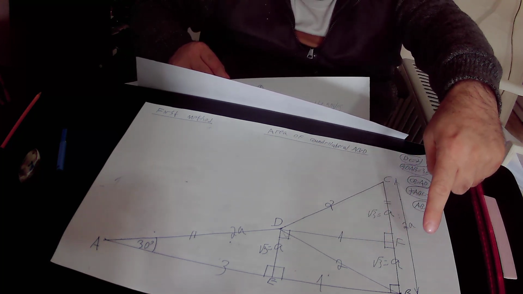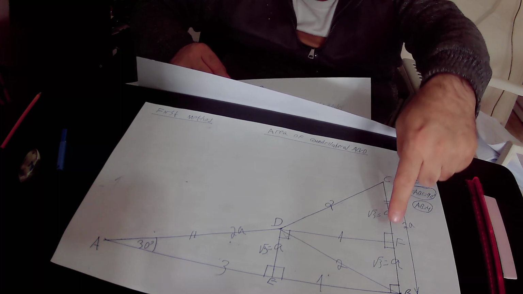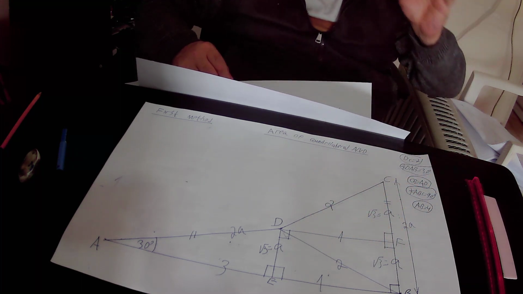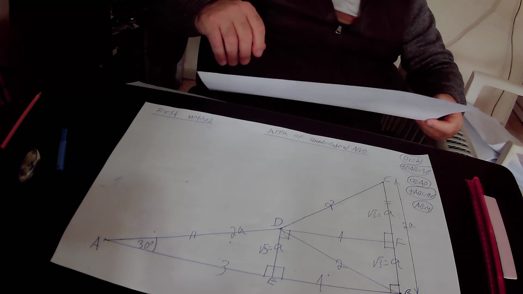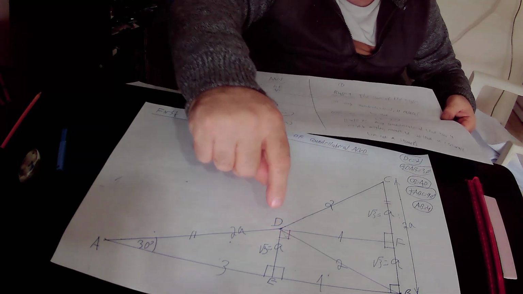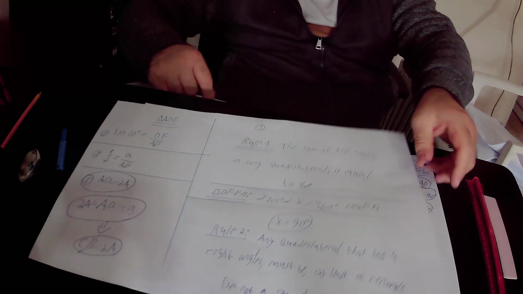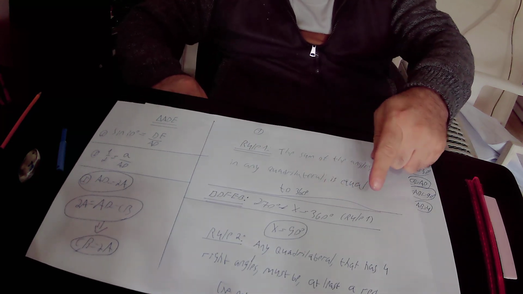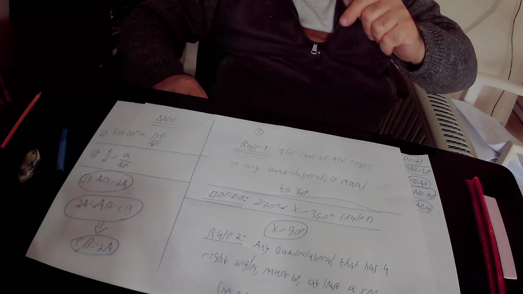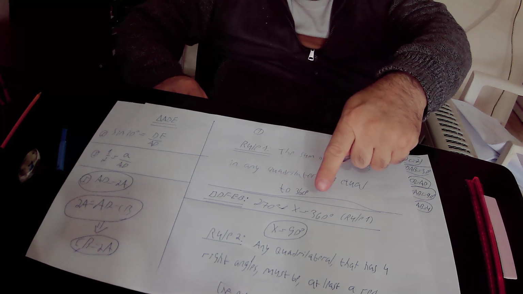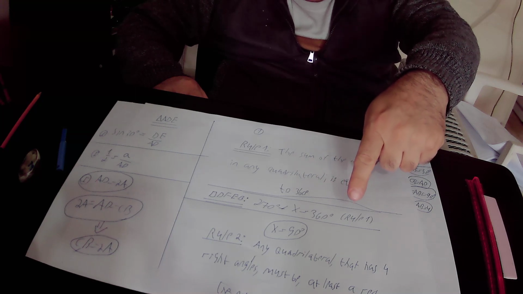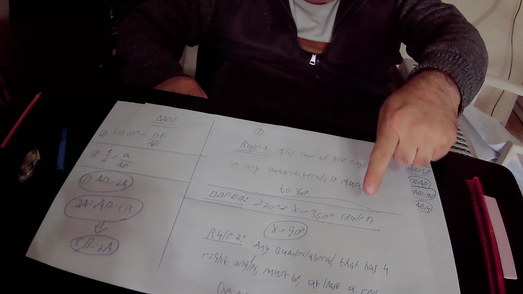In quadrilateral DFEB we have 3 right angles. The sum of 3 right angles is 90 times 3, which is 270 degrees, plus the size of the fourth angle, angle X, must be equal to 360 degrees according to rule number 1.